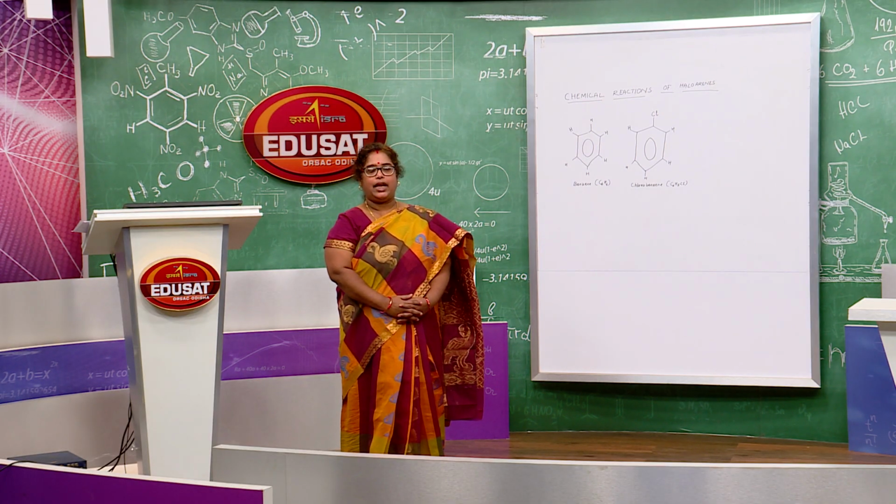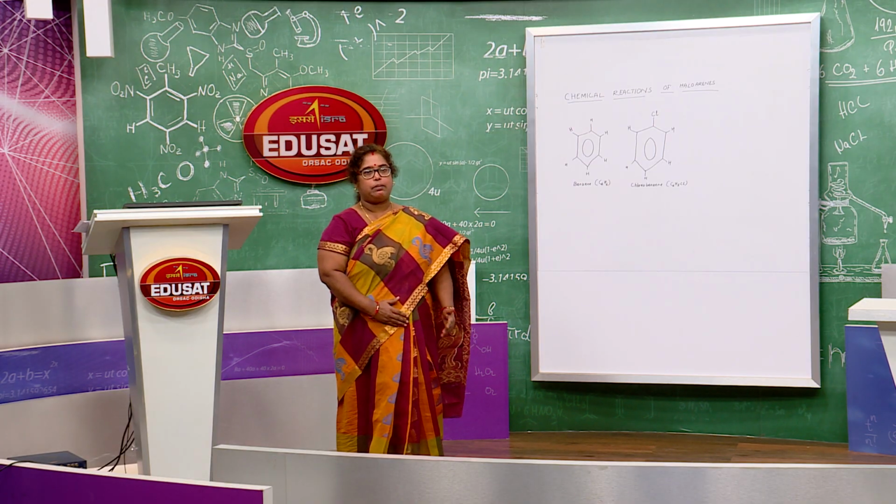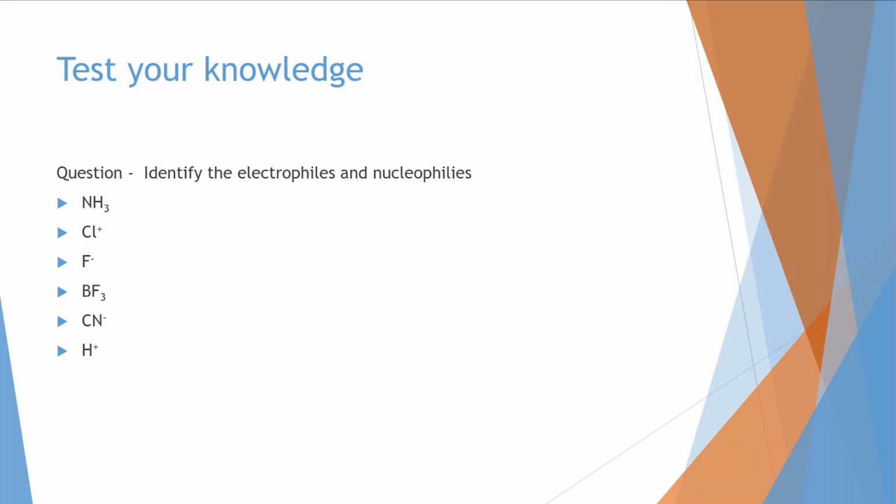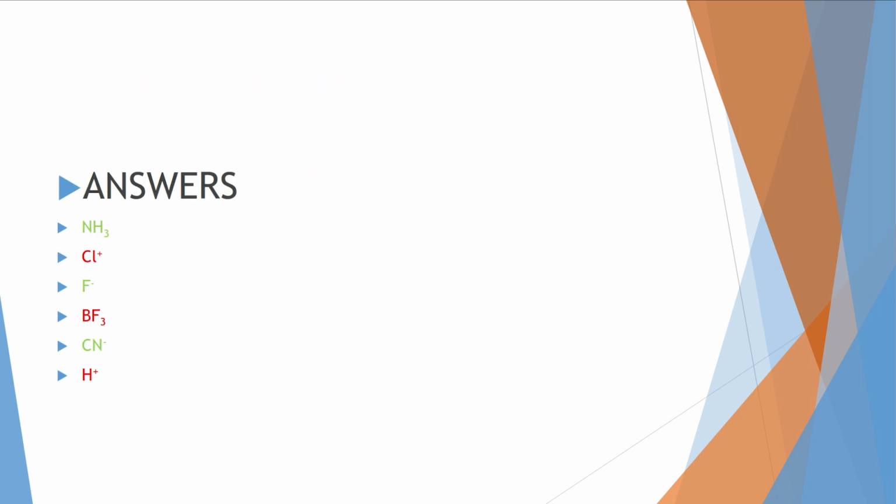So students, let us test your knowledge, how much you have understood and grasped about electrophiles and nucleophiles. Try to identify from these species which are the electrophiles and which are the nucleophiles. Okay, so I have given you the answers. The Lewis acids, suppose BF3, H plus, Cl plus, they are the electron deficient species, so they are the electrophiles.